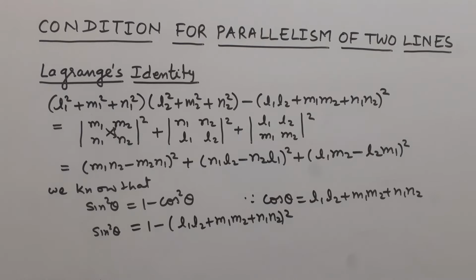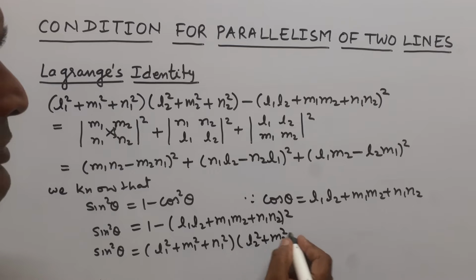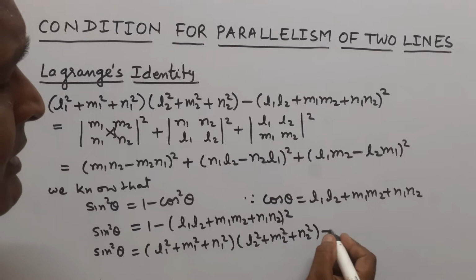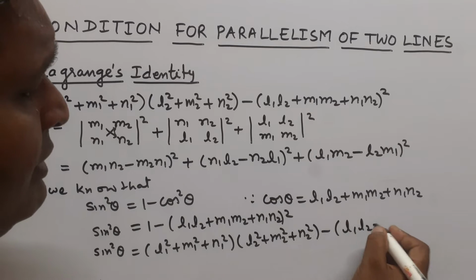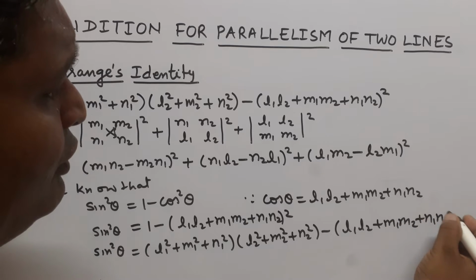So in place of 1 we can write here, (L1 square plus M1 square plus N1 square) multiplied by (L2 square plus M2 square plus N2 square) minus (L1 L2 plus M1 M2 plus N1 N2) whole square.